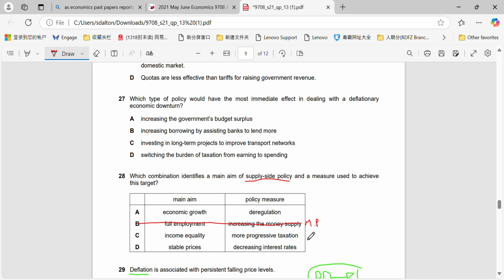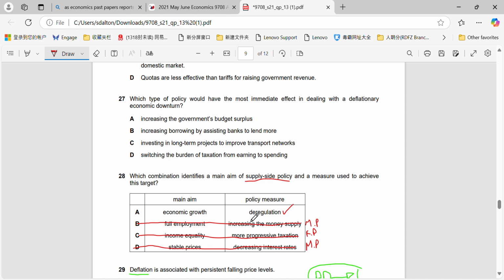More progressive taxation is a fiscal policy, and while it can be used to reduce income inequality, again, it's not a supply side policy. And the same thing with decreasing interest rates. First of all, decreasing interest rates does not result in stable prices. It's a monetary policy again, but it's expansionary, so it actually will increase the price level.